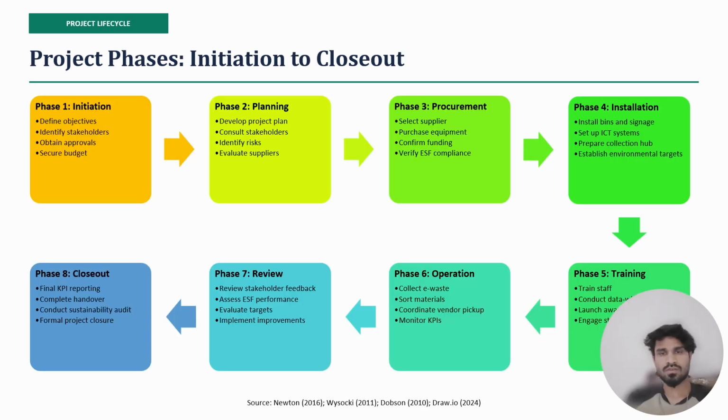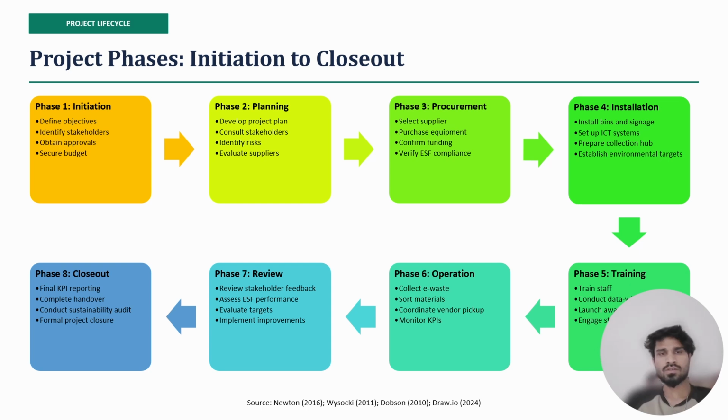And the third slide is the project phases, initiation to closeout. My project follows a structured 8-phase lifecycle, and I adopt an Agile management approach, as recommended by the APM in 2011, to allow improvements at each stage.